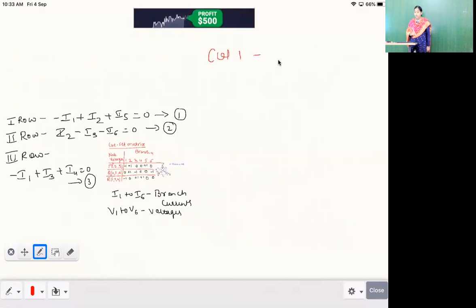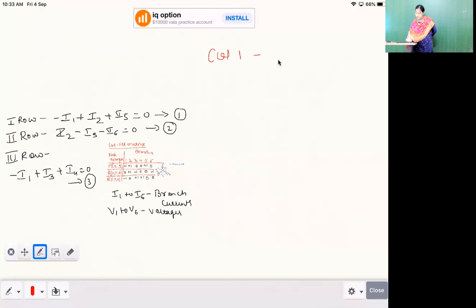The node voltages I am going to consider as VP, VQ, VR. Column 1 gives V1 = -VP - VR.